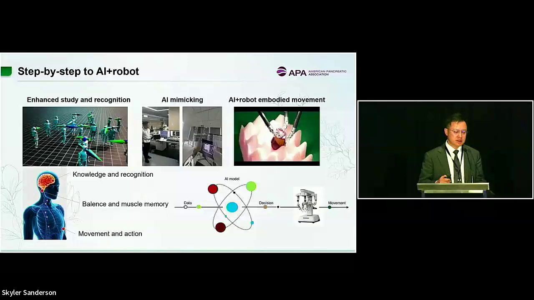So we can see in-body robots and artificial intelligence. If we add AI plus robotic embodied movement, we can get something like a human being, where we have learned the knowledge, the balance of muscle memory, and also the movement and action.